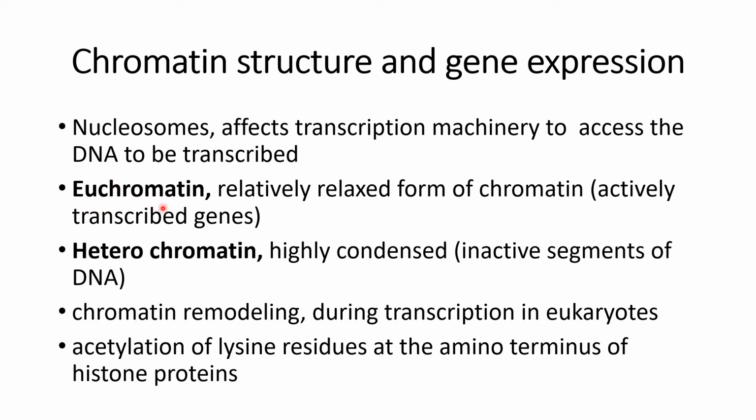Euchromatin is the relaxed form of chromatin, meaning it contains fewer nucleosomes and is not condensed, so it gives the transcription factor ease of access to the promoter region. However, heterochromatin is a highly condensed form of chromatin and contains a large number of nucleosomes.